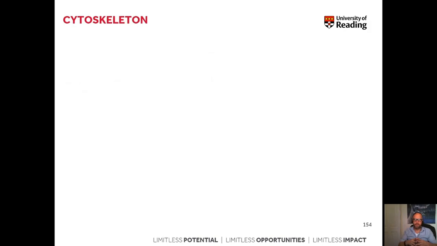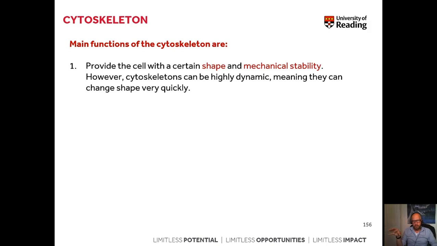Good. Let's move on and have a look at the cytoskeleton. What are the main functions of the cytoskeleton? The first important aspect of the cytoskeleton's contribution to the cell is to provide the cell with a certain shape and also mechanical stability.